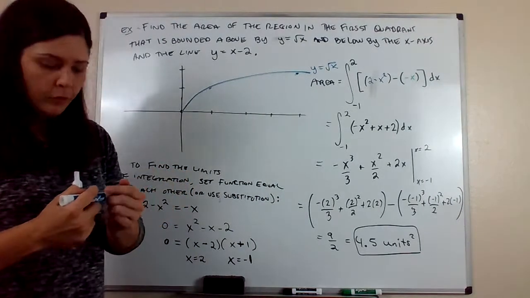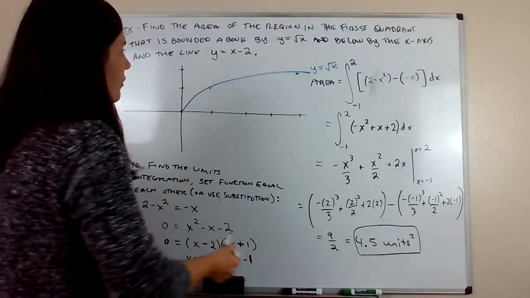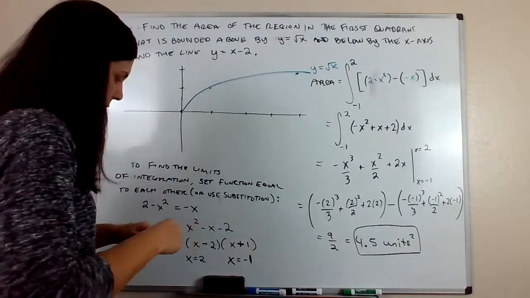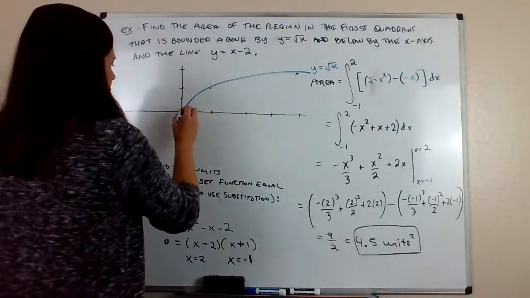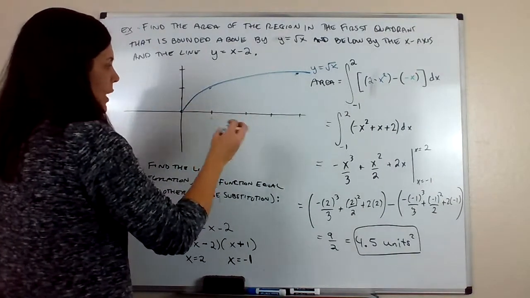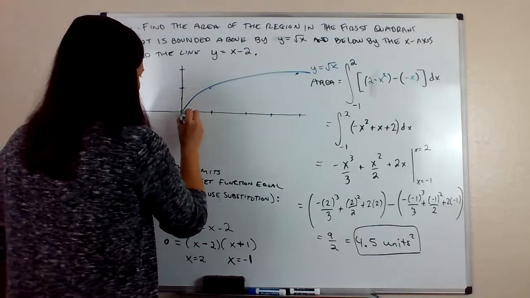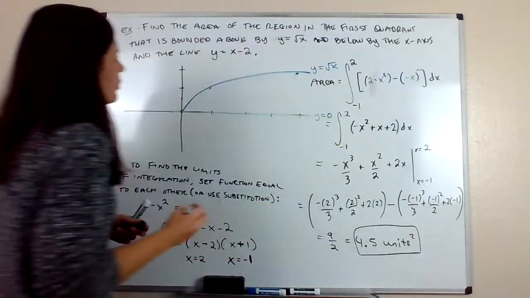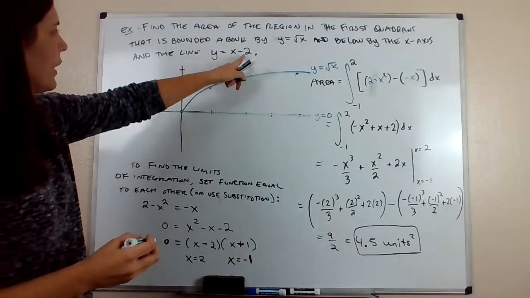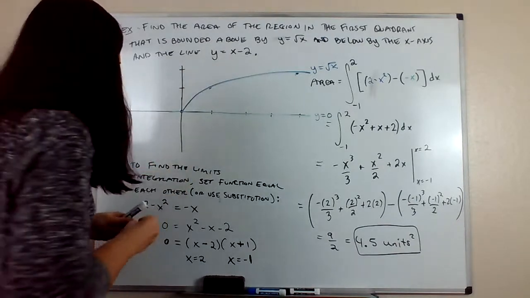Next, let's draw our other boundaries. We have a lower boundary as the x-axis, which is y equals 0. So it's this whole thing here. But also the line y equals x minus 2. So let's draw that line.